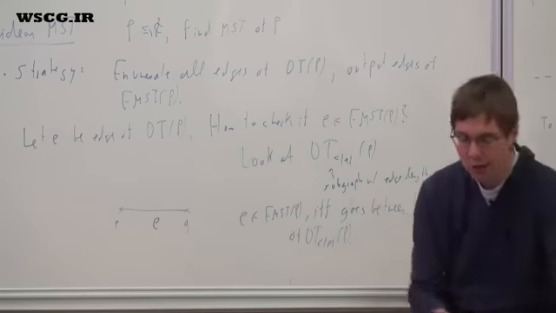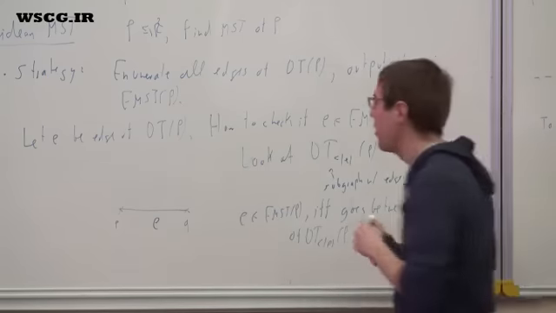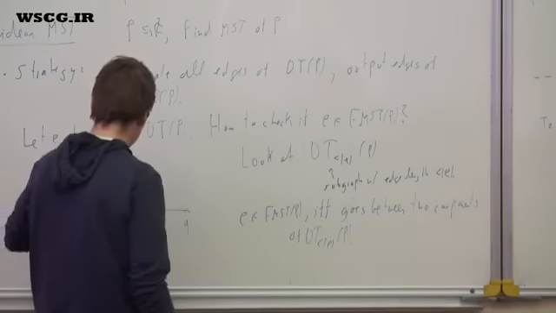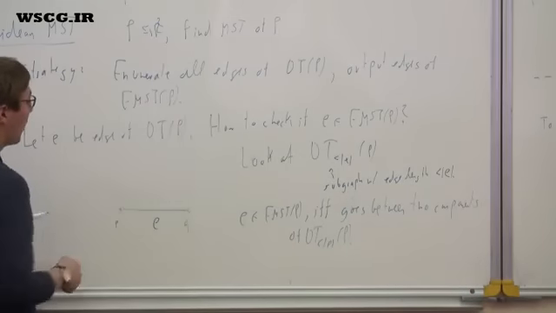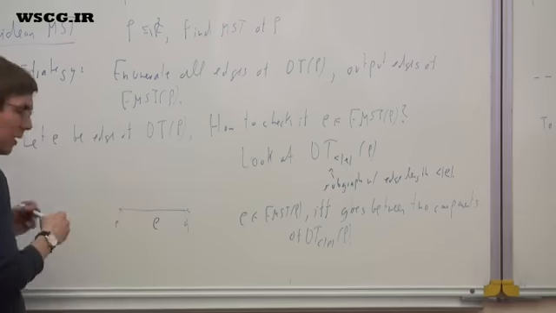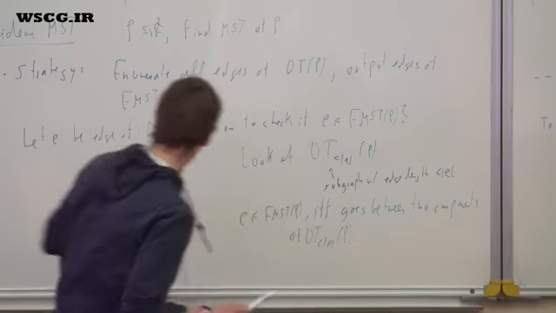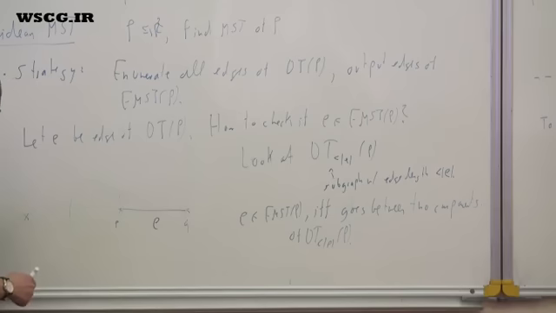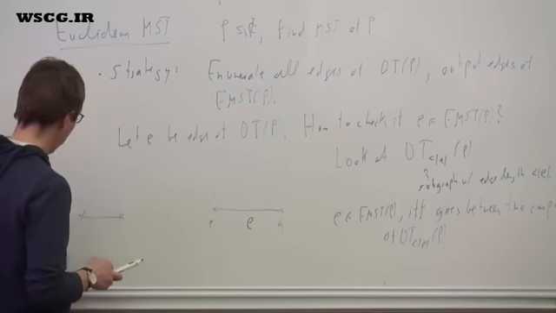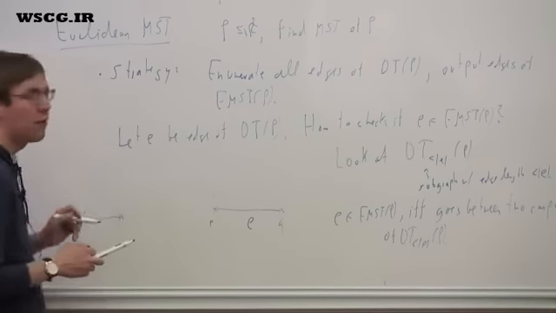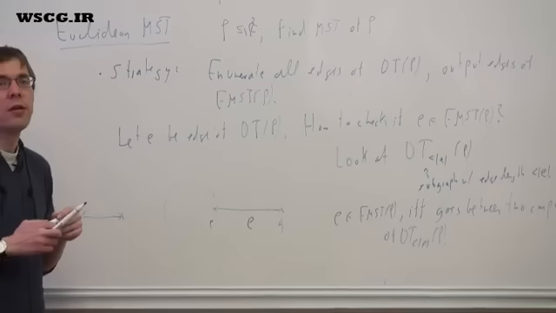There are two possibilities. Either it looks like this, and in this case E is part of the minimum spanning tree, or it looks like that, and in this case it's not part of the minimum spanning tree.